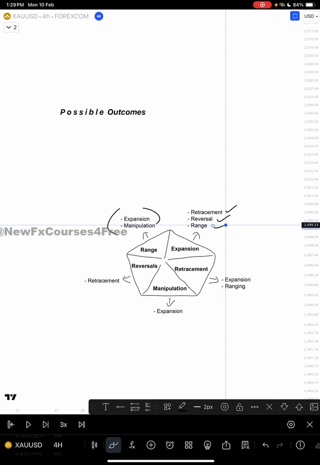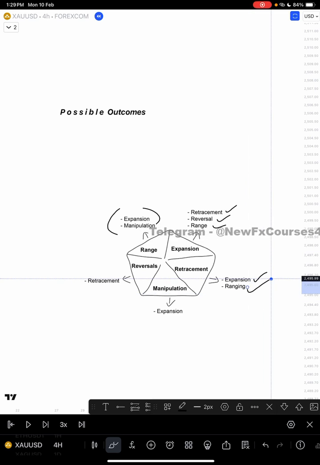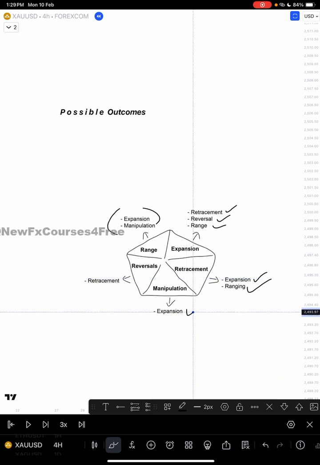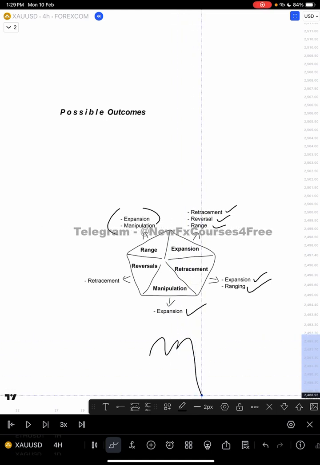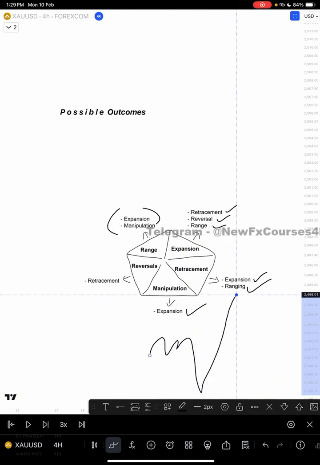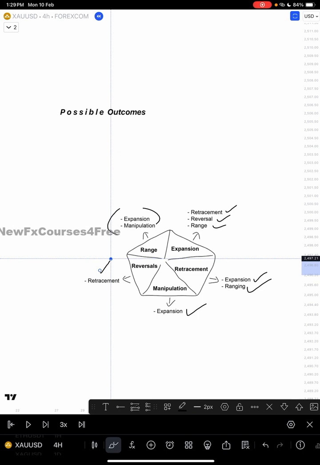During your retracement profile, you might have your expansion and your ranging profile. After manipulation, you might have your expansion, something like this: range, manipulation, expansion. Moving forward, after your reversal, you might have a retracement.